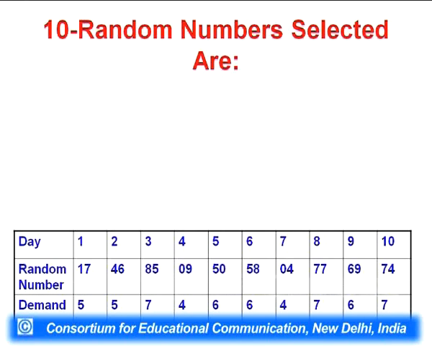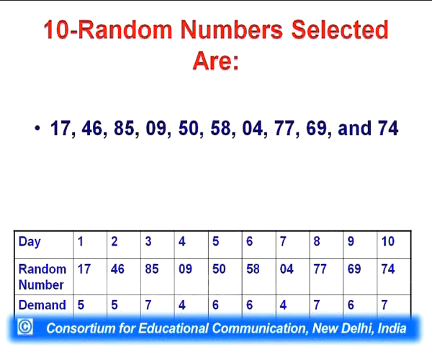We have to pick 10 random numbers. Why 10? Because we want to forecast the demand for the next 10 days. So we'll have 10 random numbers, and let's see, these are the random numbers.